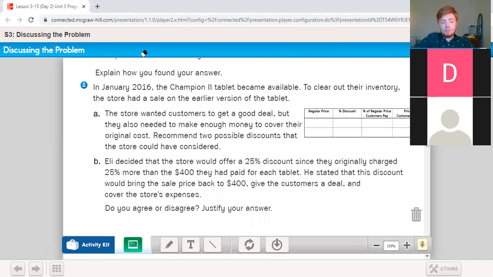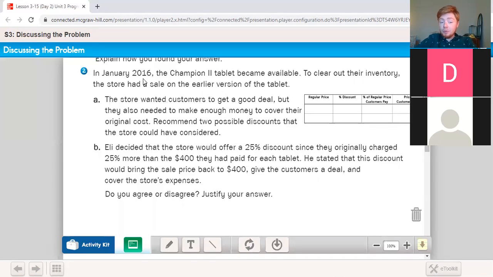Okay, so in January 2016, the Champion 2 tablet comes out, which makes sense because every year there's always like a new iPhone or a new model. So the Champion 2 tablet comes out. To clear out their inventory, the store had a sale on the old tablet, the one that was 500.